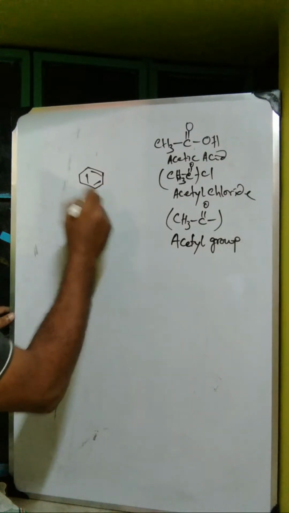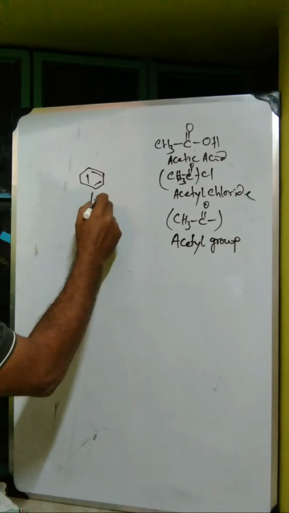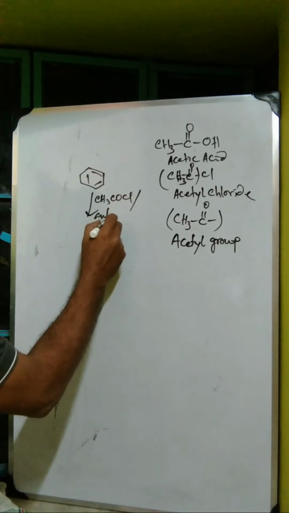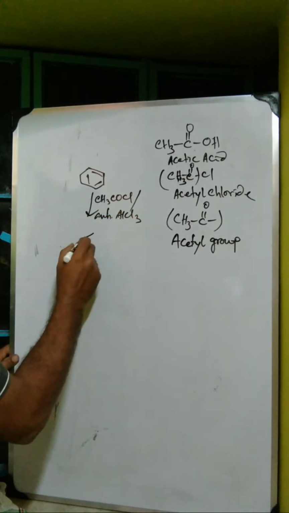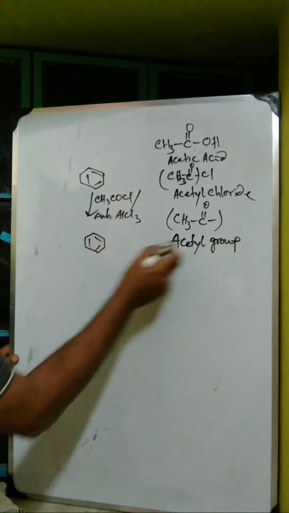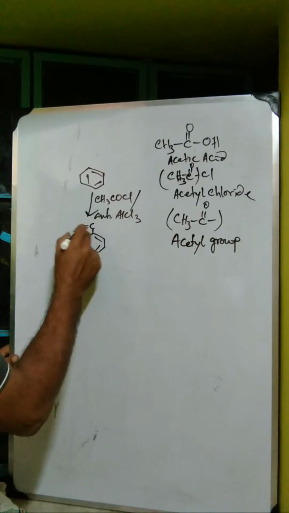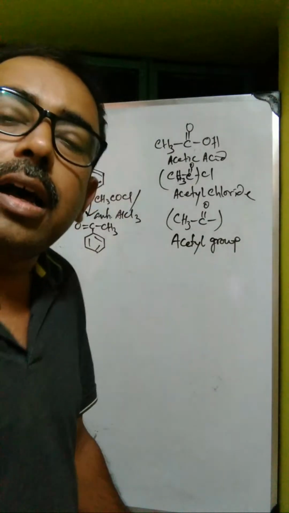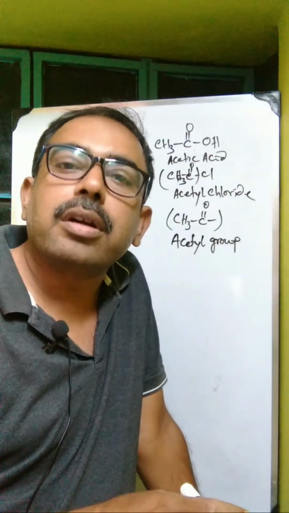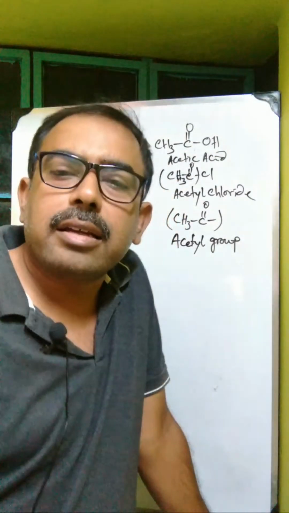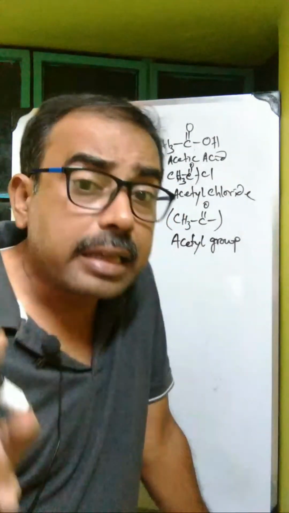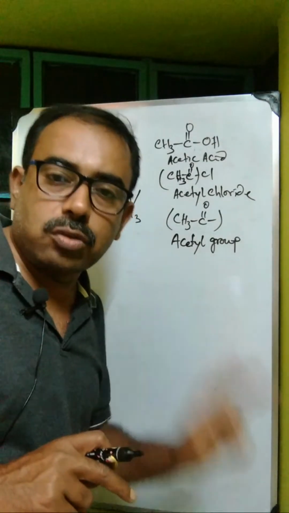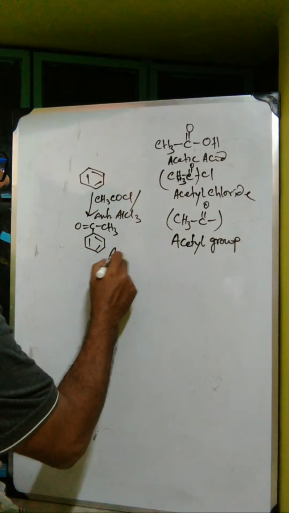So the acetylation reaction is benzene plus CH3COCl in the presence of anhydrous AlCl3 to form benzene with COCH3, so C double bond O CH3. This formed compound is a ketone where a carbonyl group is there, on one side of the carbonyl group is a phenyl group, and on the other side there is a methyl group. So it is a methyl phenyl ketone, and the compound is named acetophenone.